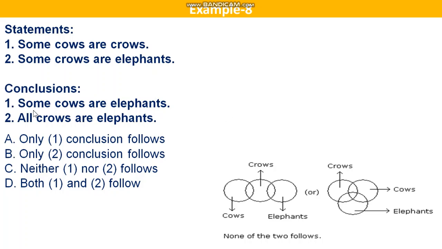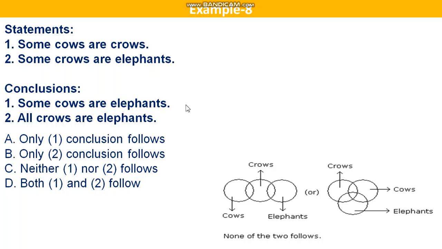Number 1, some cows are elephants. This may or may not be true. We are not sure, so we will not consider this. Number 2, all crows are elephants. That is also not true.